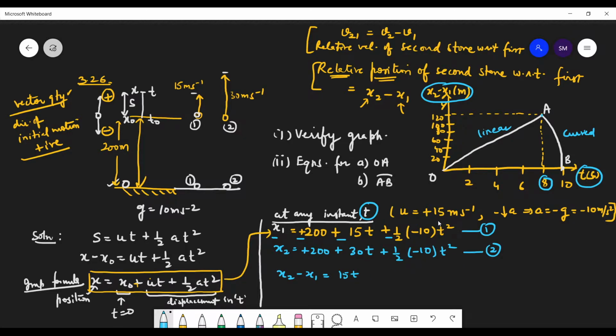And this also is the same, this will also cancel out, students. Is this clear to everyone? So subtracting first from second, we get this.